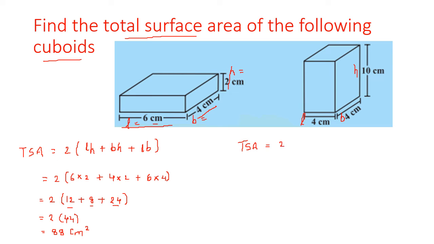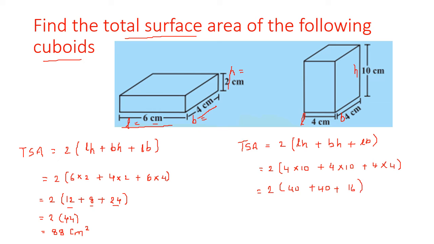The TSA: first we write the formula, 2 into (LH plus BH plus LB). 2 into (4 into 10 plus B into H, 4 into 10, plus LB, 4 into 4). 4 tens are 40, plus 4 tens are 40, plus 4 fours are 16. 2 into (40 plus 40 is 80, 80 plus 16 is 96). 96 twos are 192 centimeter square.